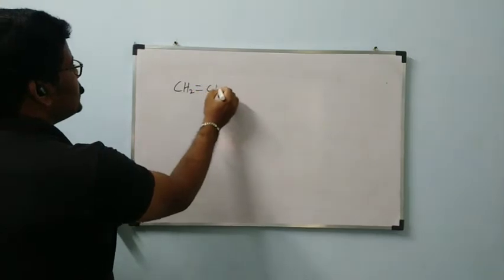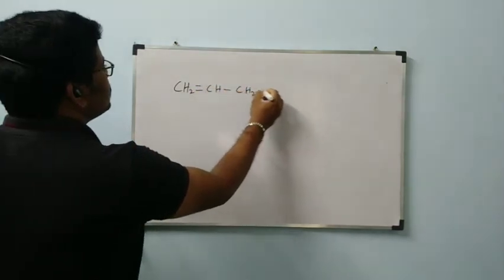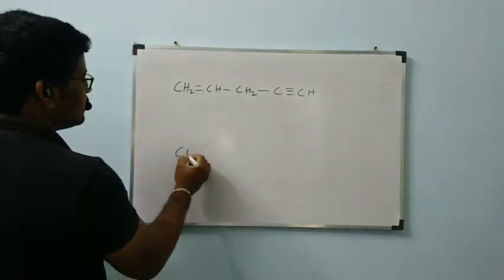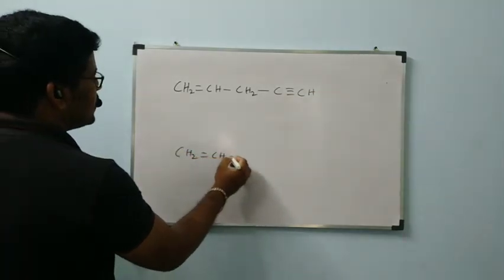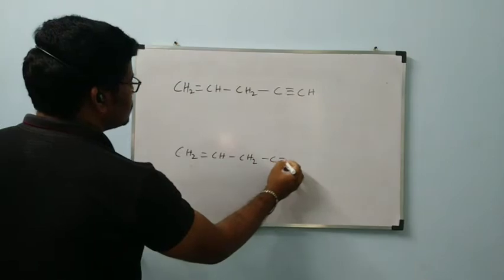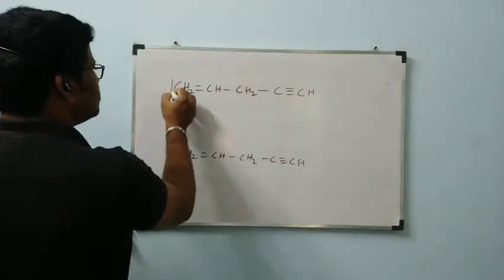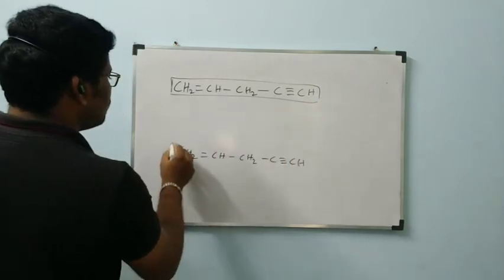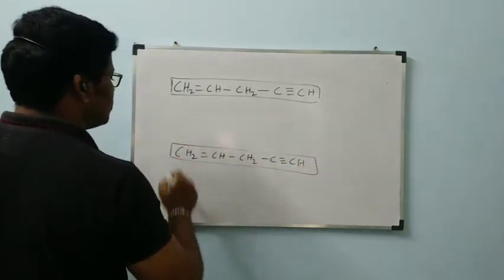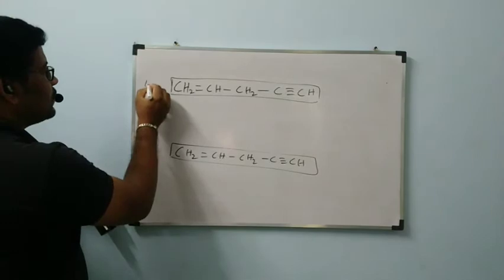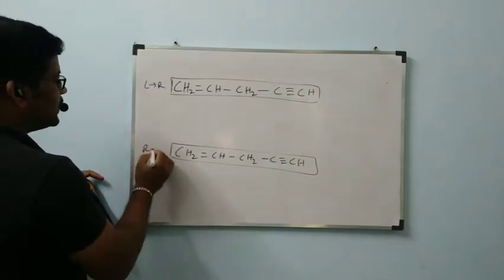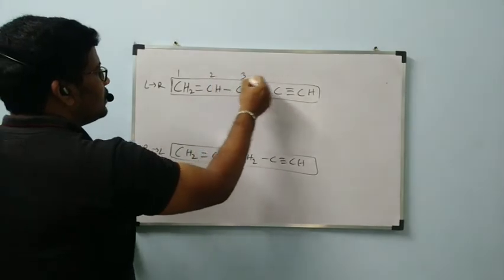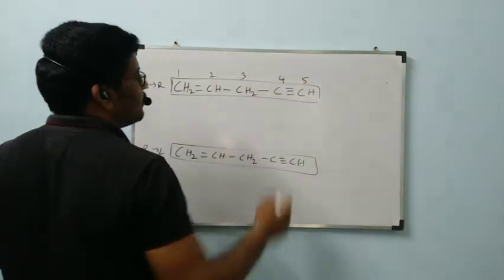CH2 double bond CH, CH2, C triple bond CH. This is the parent chain. Same compound I wrote two times, no, for giving left to right and right to left numbering. Left to right I am giving numbering here, right to left here. 1, 2, 3, 4, 5.